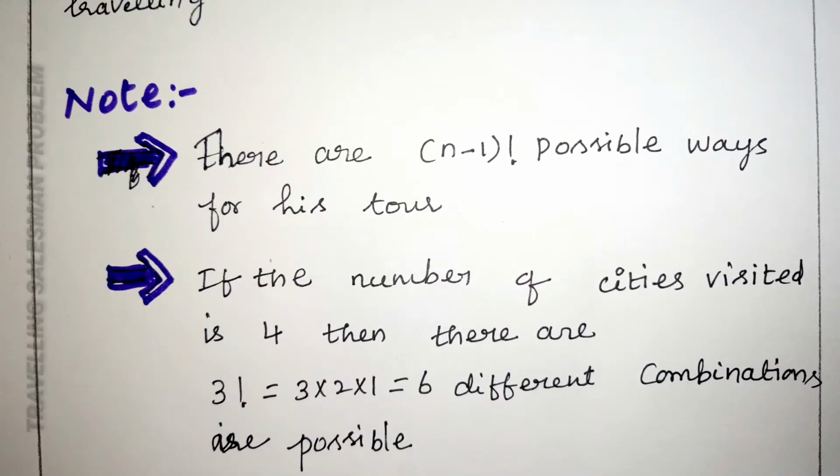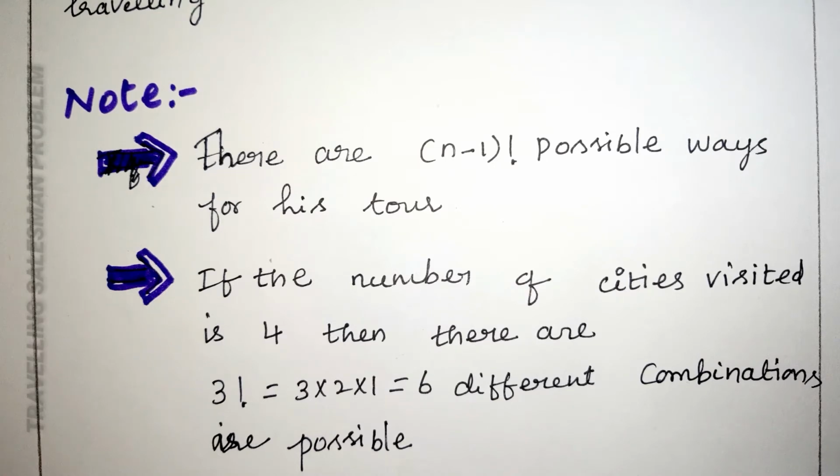There are (n-1) factorial possible ways for his tour. For example, if he visits 4 cities, there are 3 factorial, that is 6 different combinations possible.